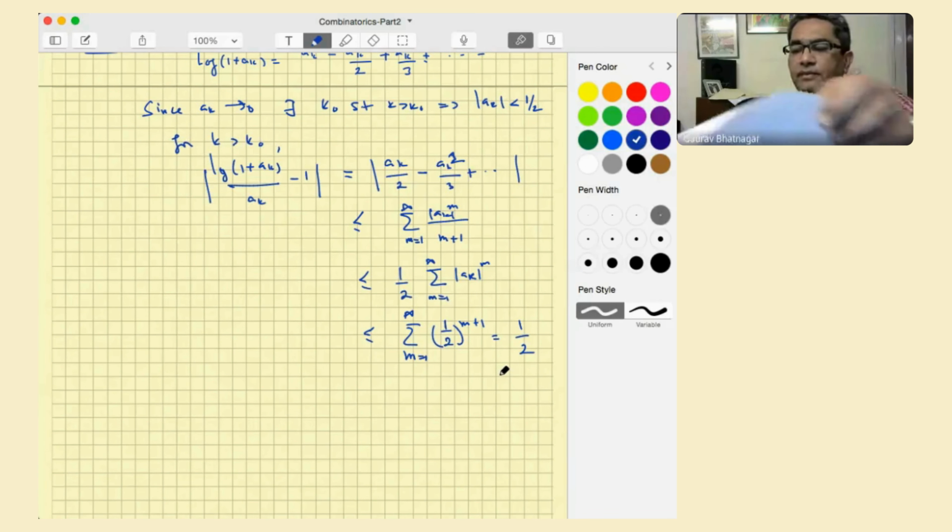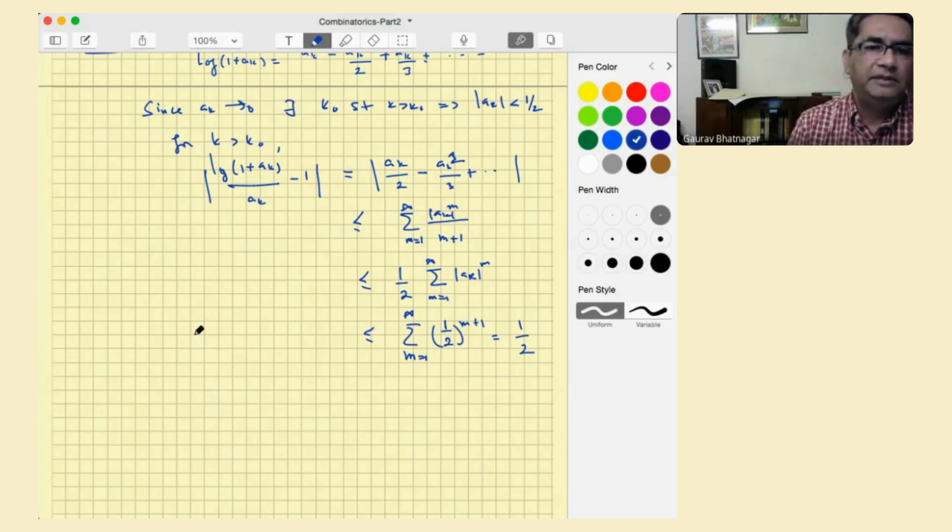Okay. So what does this mean? This means that log of 1 plus a_k over a_k is not very far from 1. So it's bigger than 1 by 2 and less than 3 by 2. Yeah.